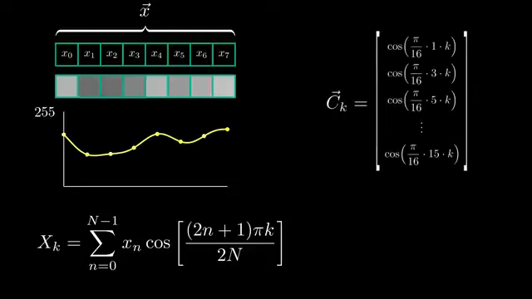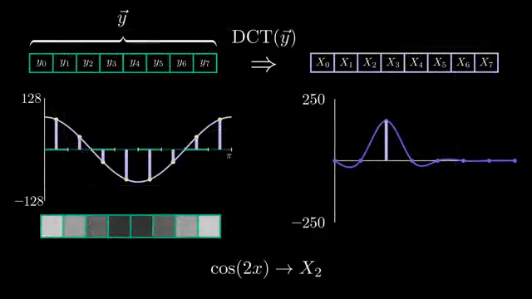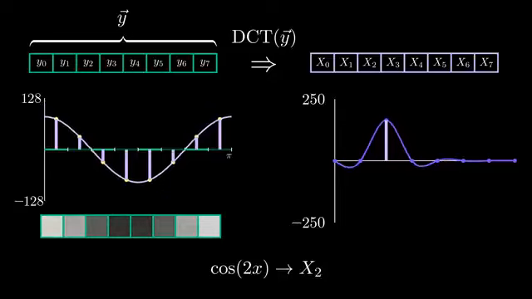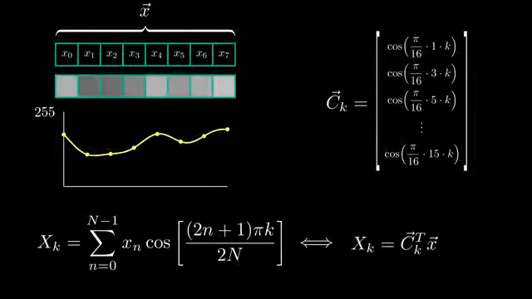What does this expression mean in the context of these two vectors? It's a dot product. And what we know about dot products is they're a nice way to measure similarity between two vectors. That's why when we pass in sampled points from a cosine wave of frequency k as the input to the DCT, we got large values at the kth index coefficient. These two vectors were just scaled versions of each other, so the dot product was maximized.